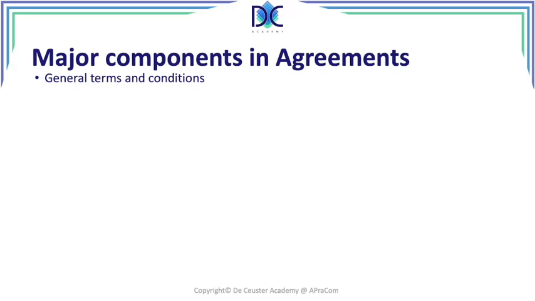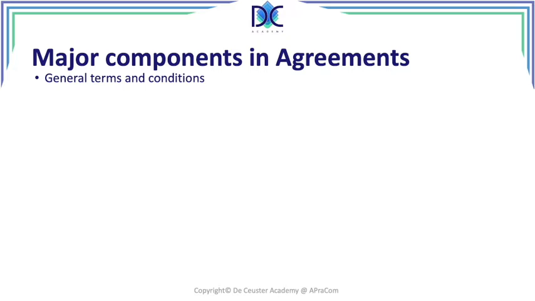an agreement with a customer, they don't always agree with the general terms and conditions. Now, once these have been developed by the company's lawyers and have been accepted, they will not be changed because you have a new contract.